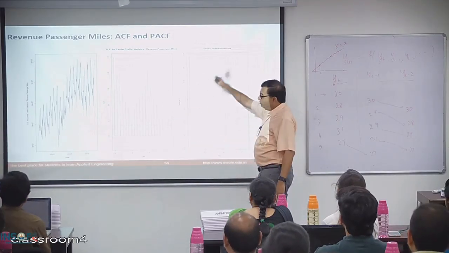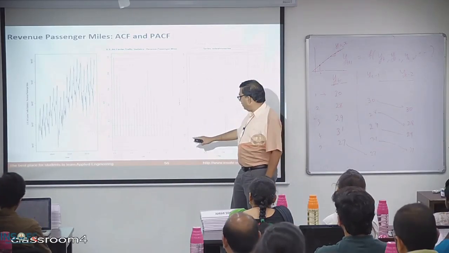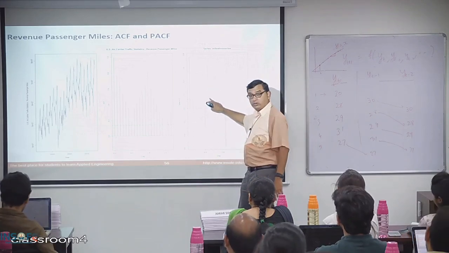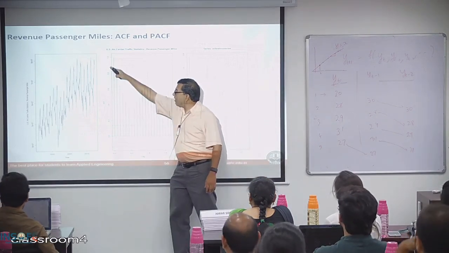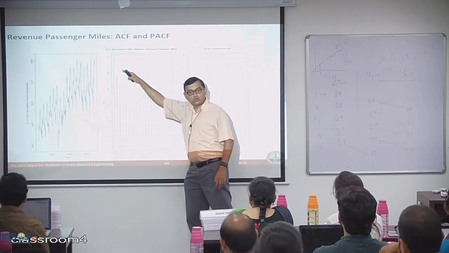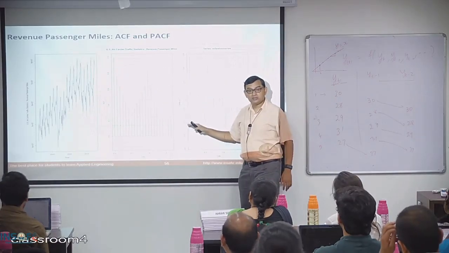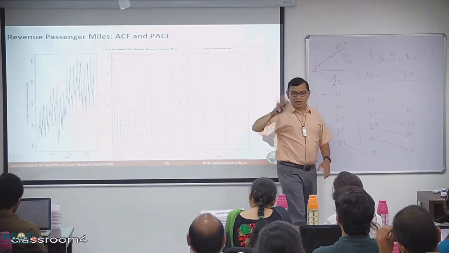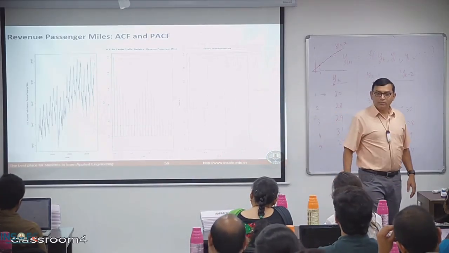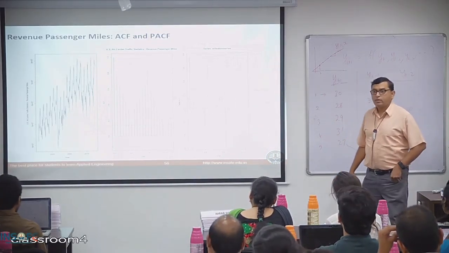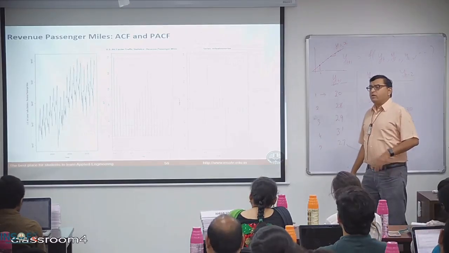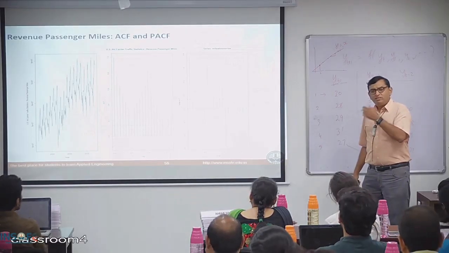The other one looks similar, but this one has additional structure here and here. The other one had a stronger trend. This one has a drop and then again an increase. That's probably the July and December months. Is the idea clear?